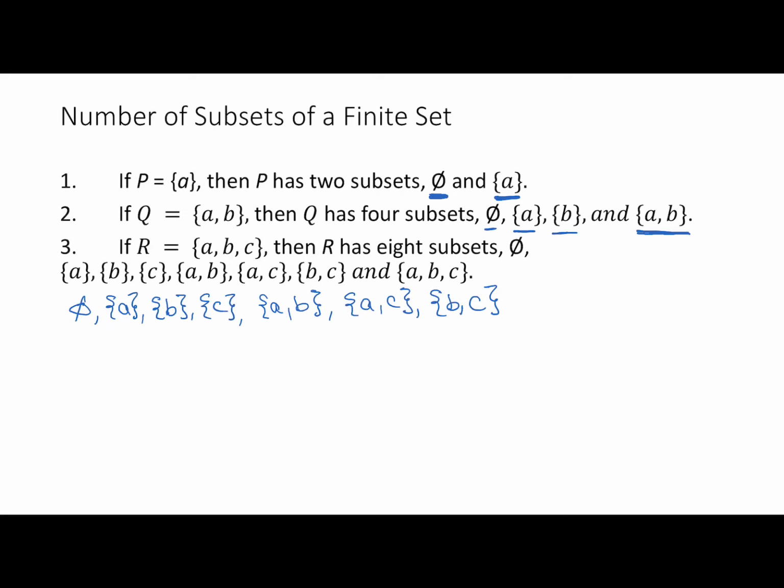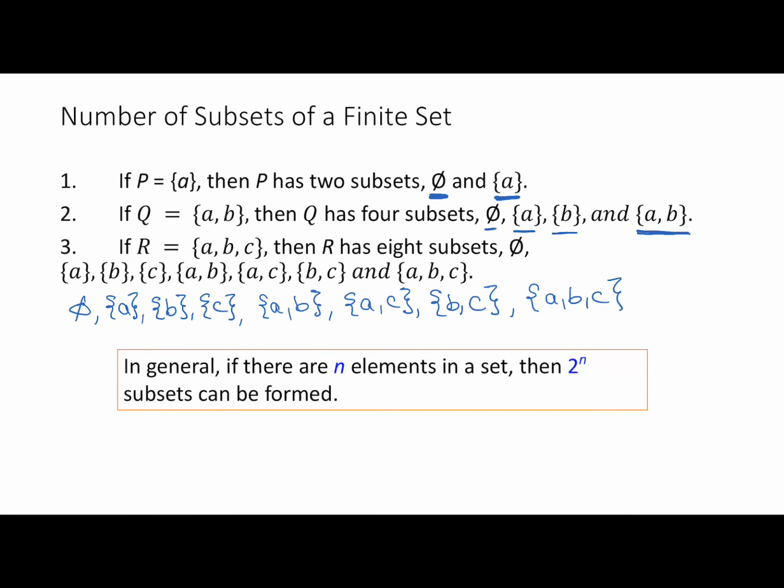And if I were to list 2 element subsets with C, it would have to be CB or CA, which I've already listed. So those are all the 2 element subsets. And then finally, 3 element subsets. My set itself is 3 elements, so I just get 1 three element subset. That's how I would go about listing out all of those subsets if I had to. So we get a total of 8 subsets.